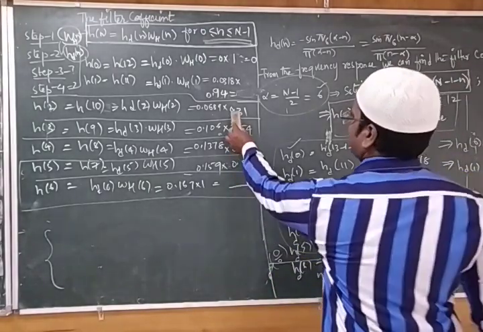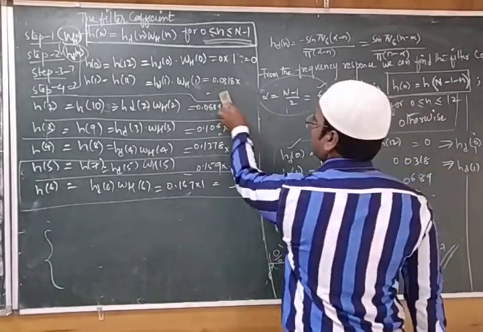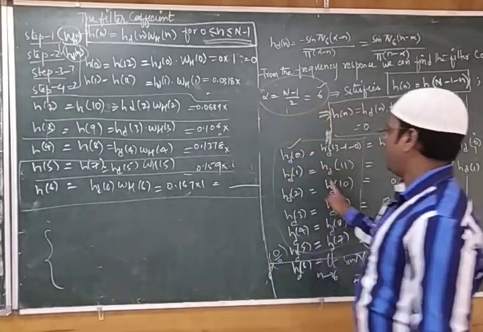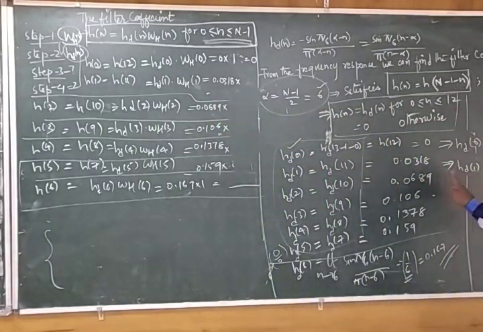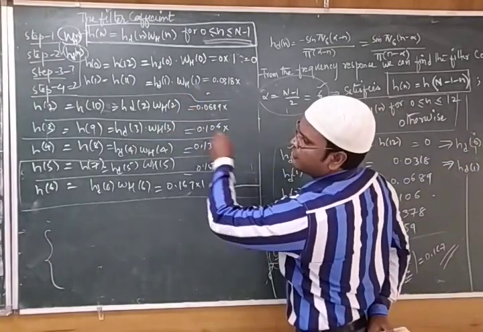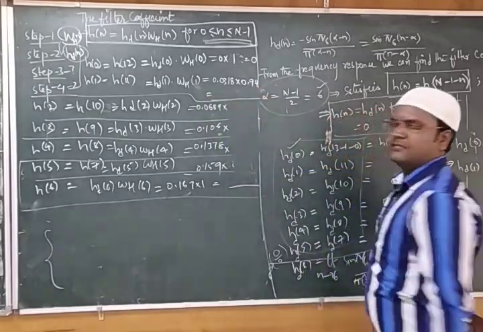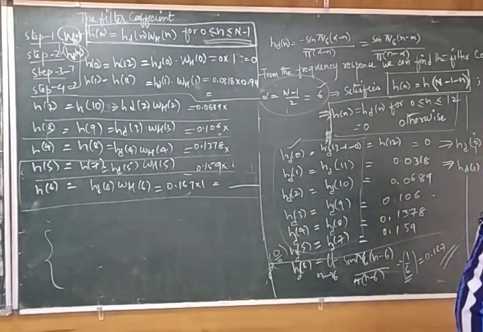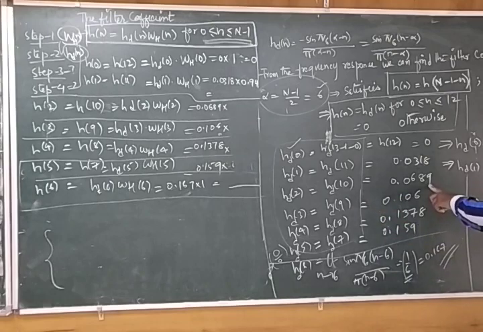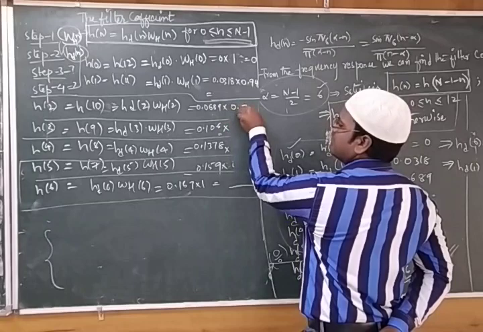So we will substitute those coefficients here. We already obtained these coefficients, right? So hD of 1 we obtained as around 0.0318 into WH of 1. What is WH of 1? 0.94. You multiply in your calculator, you will get the first answer. Similarly, h of 2 is 0.0689 into WH of 2, that is the windowing function value 0.77.